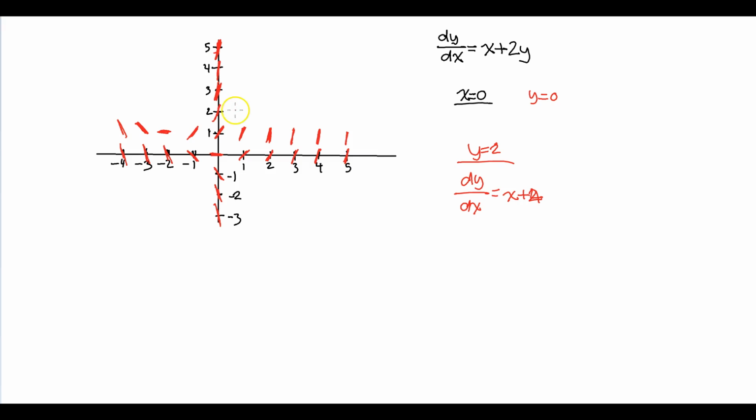So it makes it a lot easier to draw our slope field. For example, this is 5, this is 6, 7, 8, 9. For -1, -1 plus 4 is 3. This is 2. This is 1. This is 0. This is -1.